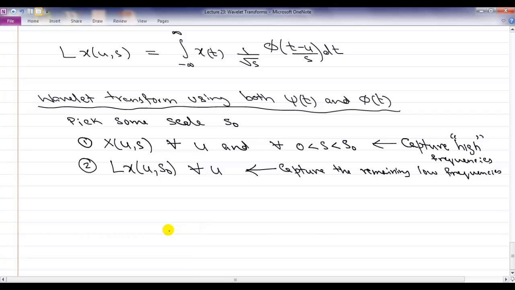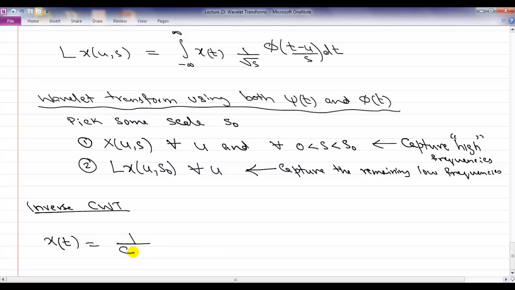Now, if you want to compute the inverse continuous wavelet transform in that case, then again it will have two terms.